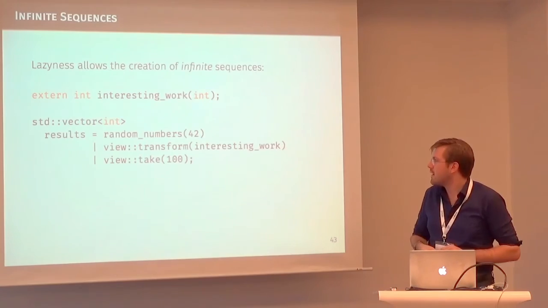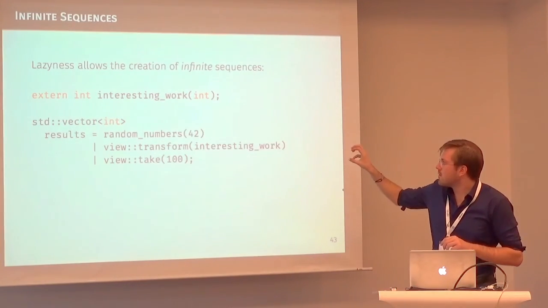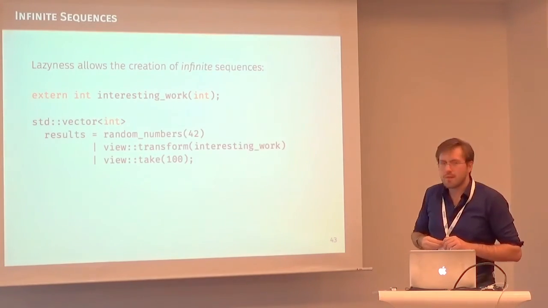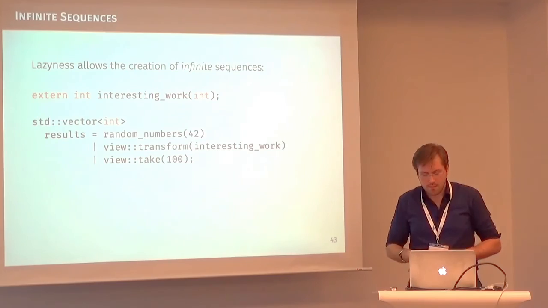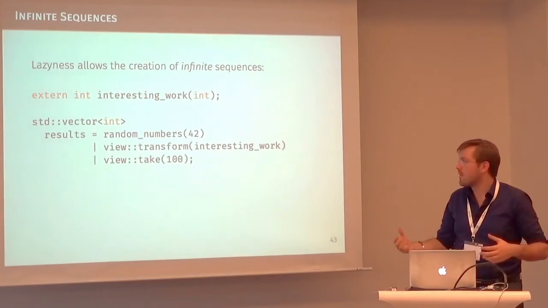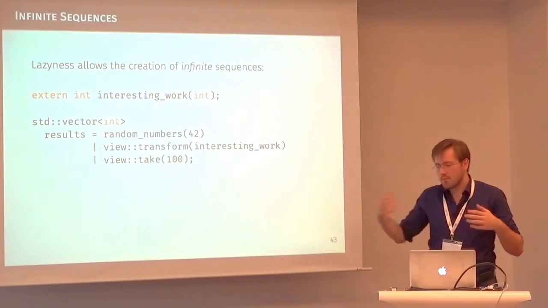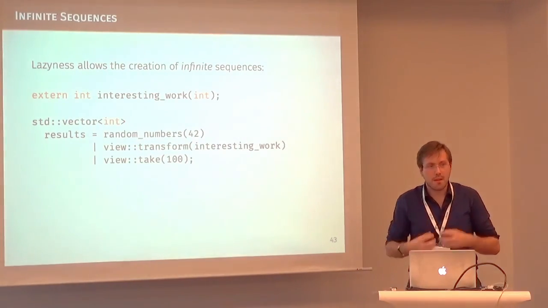You see that it's very clean, it's very composable because I had written one time the random numbers function. I suddenly don't want a vector of random numbers. I want something else, or I want more or fewer numbers, or I want to iterate over each number instead of collecting them.